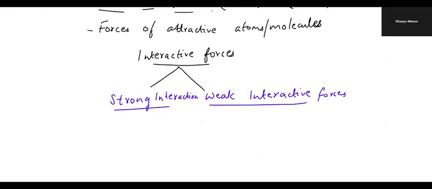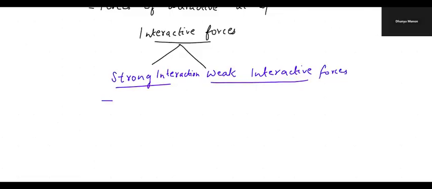Strong interaction, you have already studied the strong attractive forces, which are ionic and covalent bonds. So what kind of attraction exists in ionic and covalent bonds? Strong interactive forces.